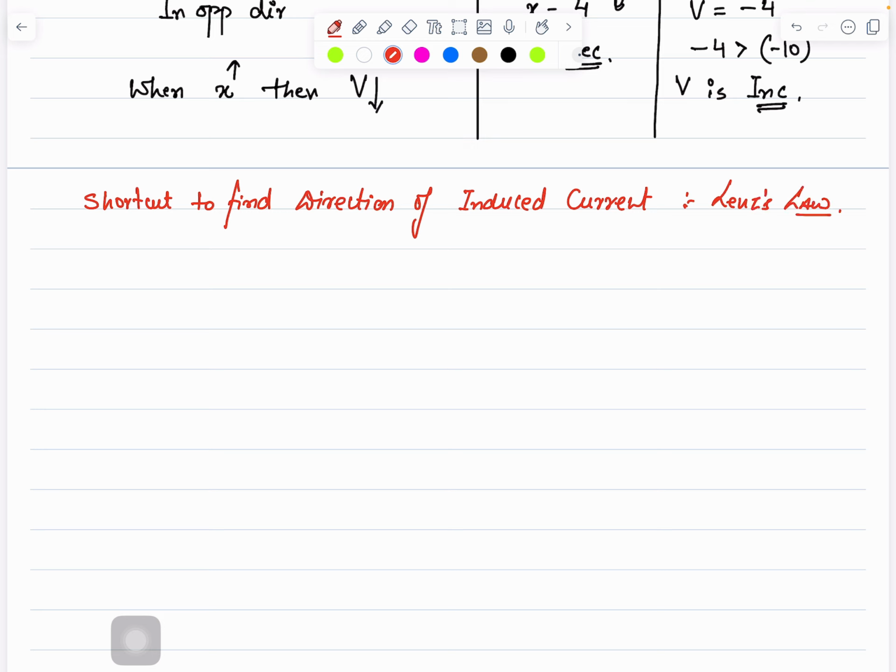Okay guys, first thing, simple logic, SCAN. The word is SCAN. What is the meaning and what is the logic of this word? S stands for south, C for clockwise, A for anticlockwise, and N is for your north.